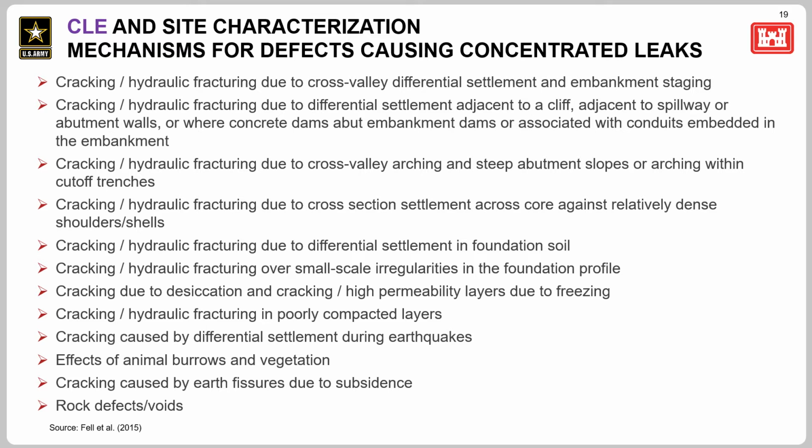So you're looking for things that can cause cracks, whether cracks are observed or defects are observed in the rock, or other differential thicknesses or differential settlement, desiccation, things like that.